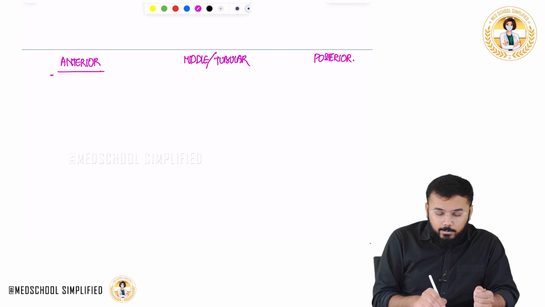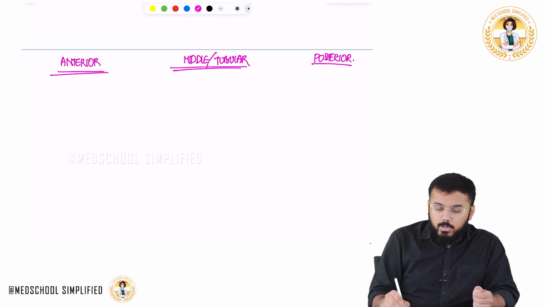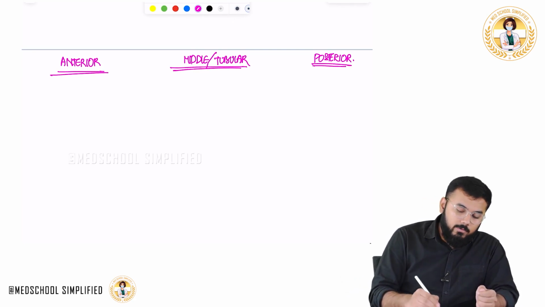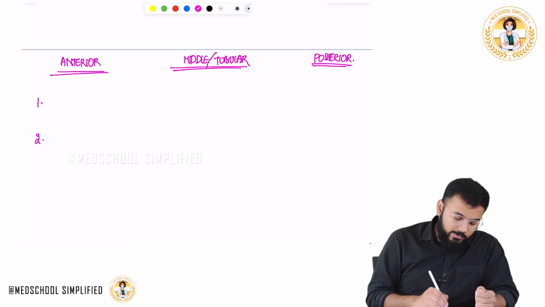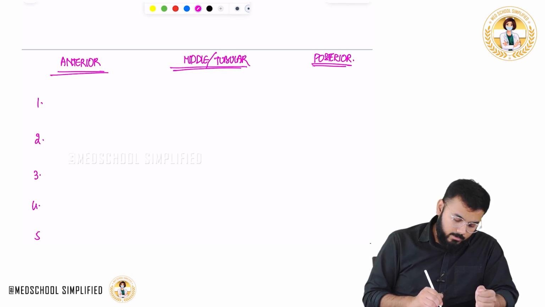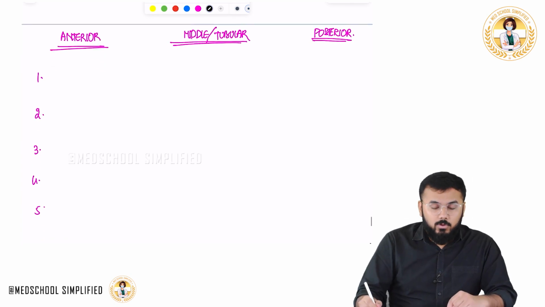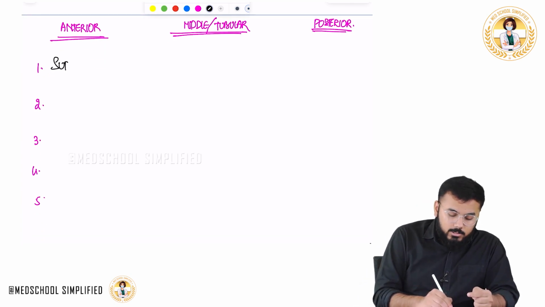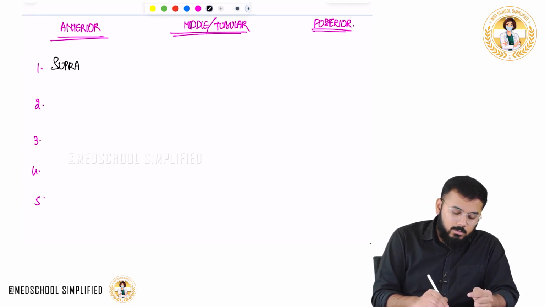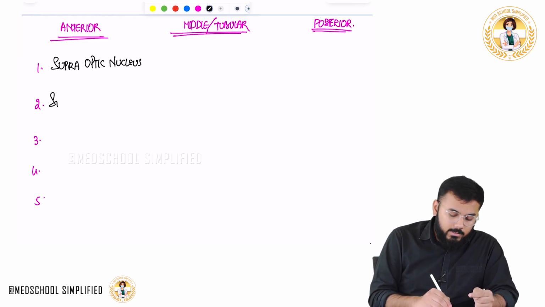So in the anterior part, how many nuclei do I have? In the anterior part, I have got 5 nuclei. Okay, so what are these 5 nuclei? One is called the supraoptic nucleus. Another one is called the suprachiasmatic nucleus.